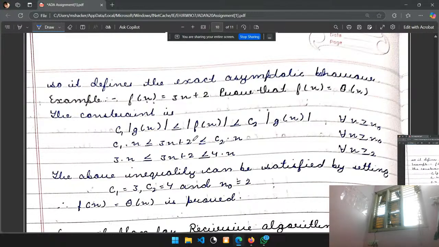And if x belongs to an even number, then x divided by 2 comma y times 2.